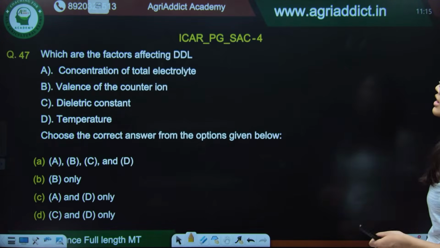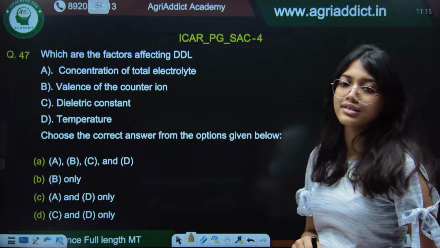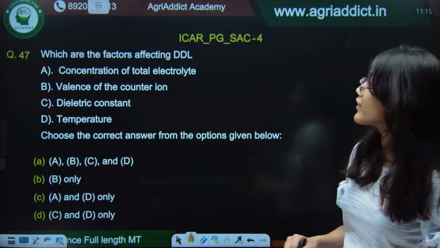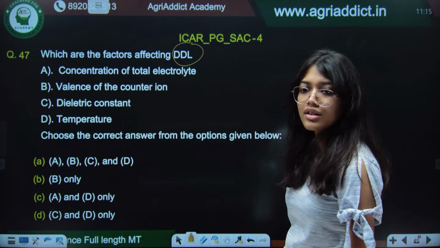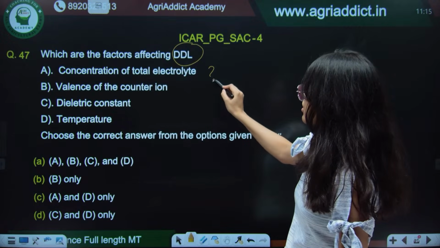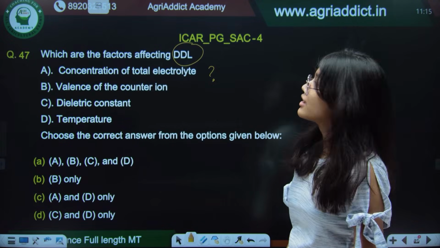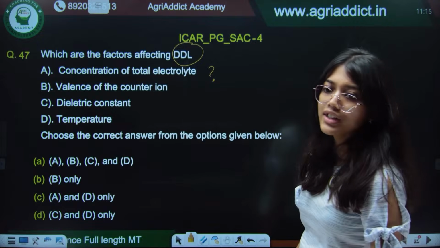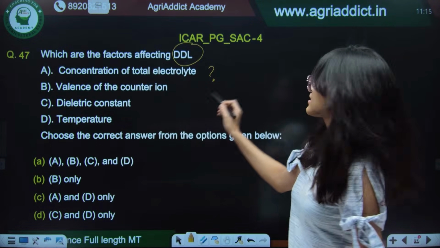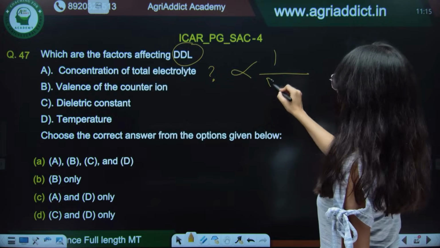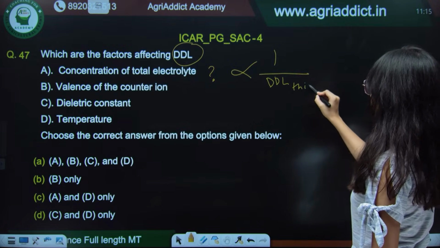Now the next question, what are the factors affecting DDL? This is again a very important question. DDL is diffused double layer theory. Will the concentration of total electrolyte affect the DDL? Obviously, ma'am, it will. With increase in electrolytic concentration, the DDL thickness will decrease.